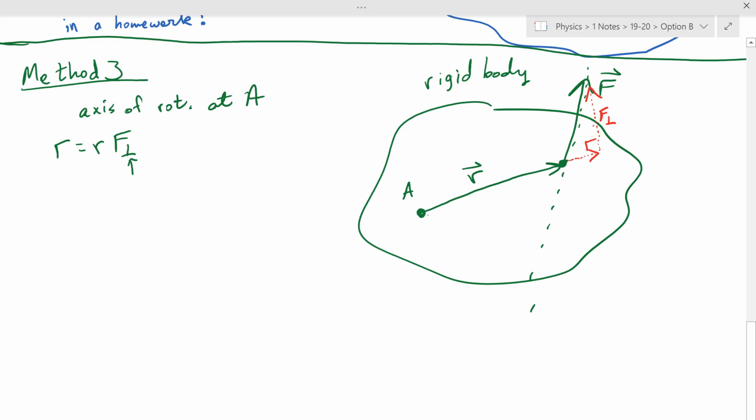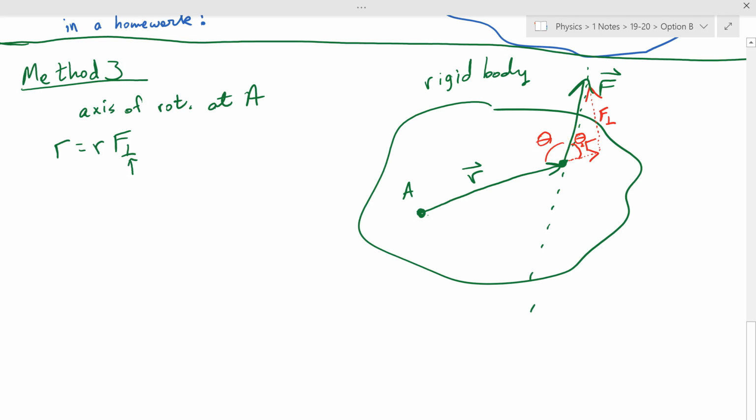And so it's kind of easier to see why in this one it's equivalent to method 1, because if this is theta, I could get the same, the sine of these two angles, theta 1, theta 2, is the same thing, because the sine of supplementary angles is the same.